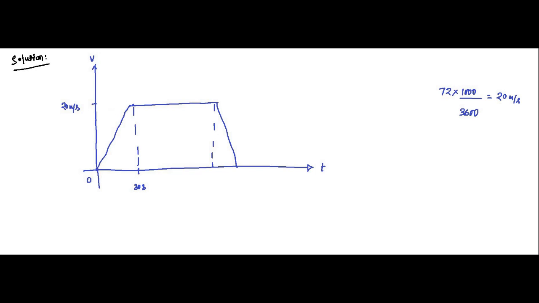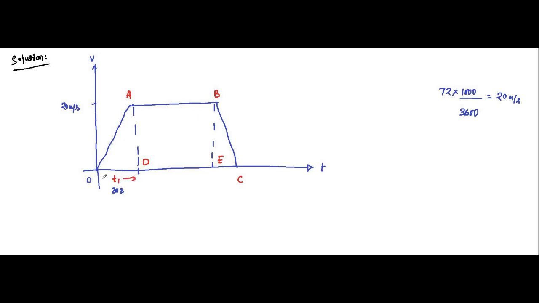Okay, so let us mark these points. Let this point be A, B, then C, then let's say this point is D, and let this be E. You can name it anyway. Okay, so this first phase, it is 30 seconds, the 30-second phase, which is T1.